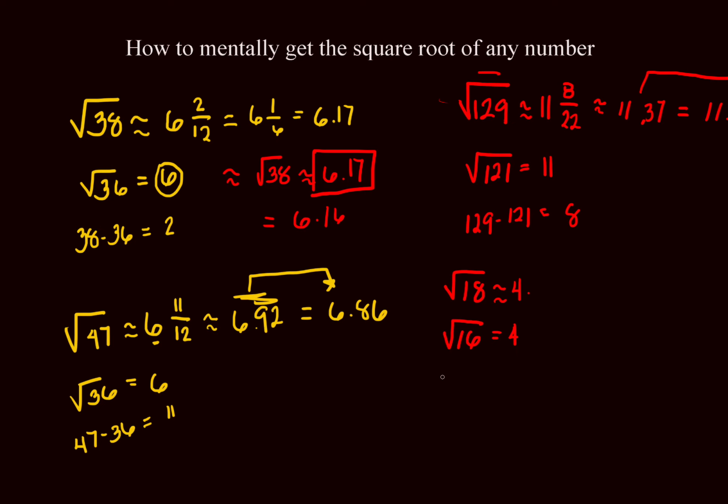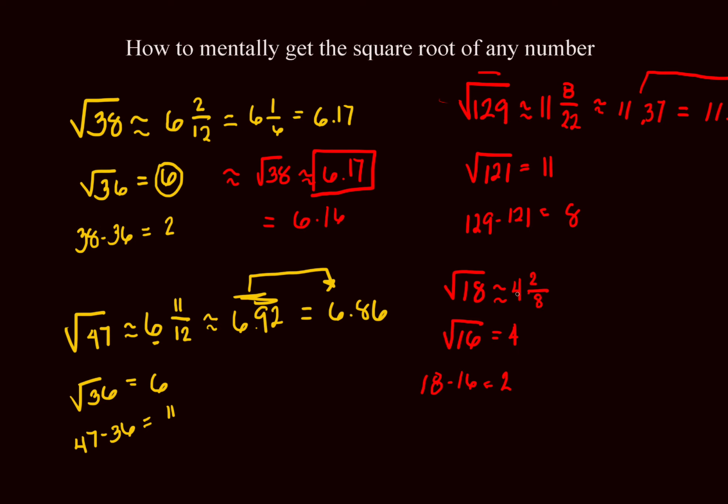So again, all we need to do is just get the difference between your 18 and 16, and that's just going to give us a value of 2. So that's going to be our numerator side, and for our denominator, we just double up the value of 4, and that will just give us an 8.